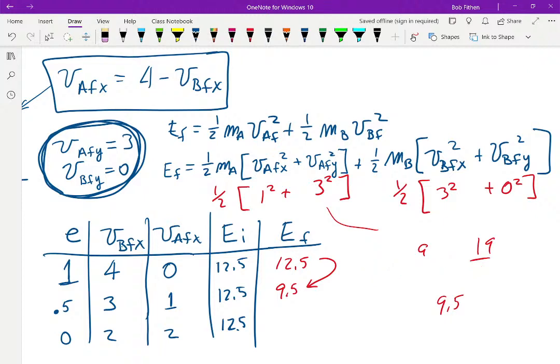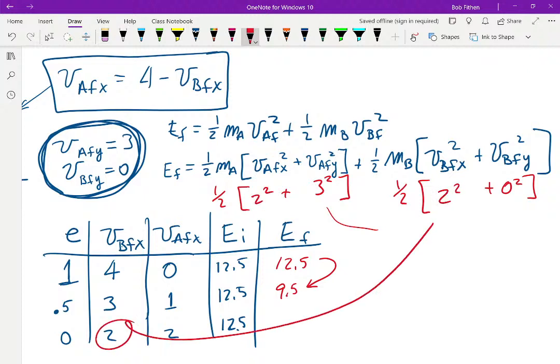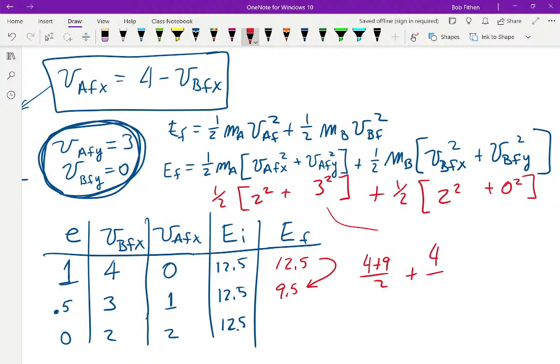Now, let's go back and look at this last one. This has to be 2 squared. And this one is 2 here as well. So what do you get? You get 4 plus 9 over 2, plus 4 over 2. 9 and 4 is 13 over 2 plus 4 over 2.